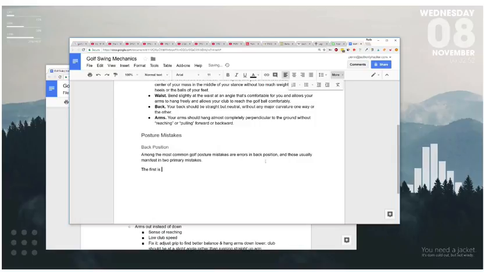The first is something called, make it bold for emphasis, C posture. Put it on its own line also for emphasis.